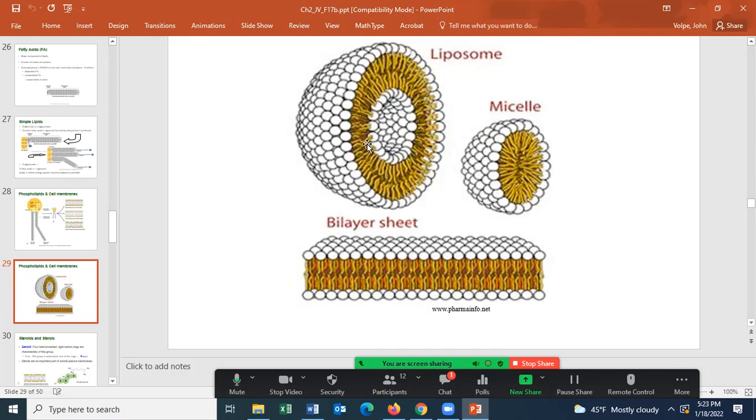This is actually what the cell membrane looks like, a phospholipid bilayer with heads facing the inside of the cell because it's mostly water in the cytoplasm, and then phospholipid heads facing outside the cell because the outside of the cell is mostly water, and you're mostly made up of water. And think of it as a blood cell, the cell membrane on the outside of the cell, it's going to be mostly water.